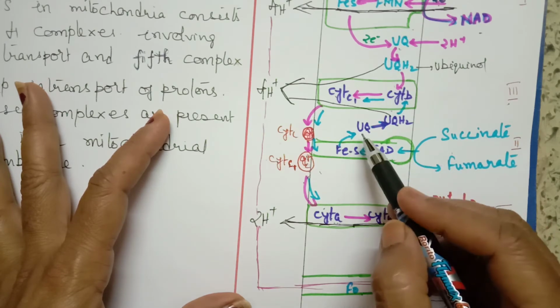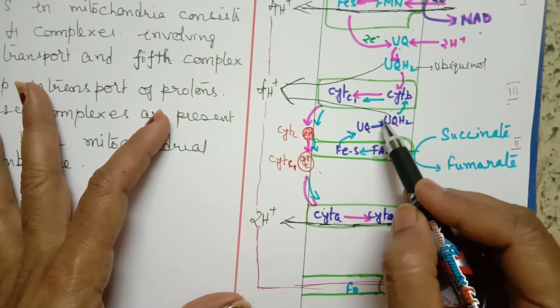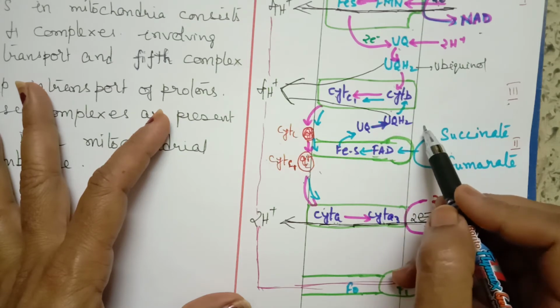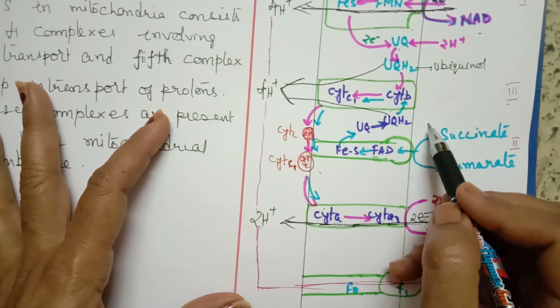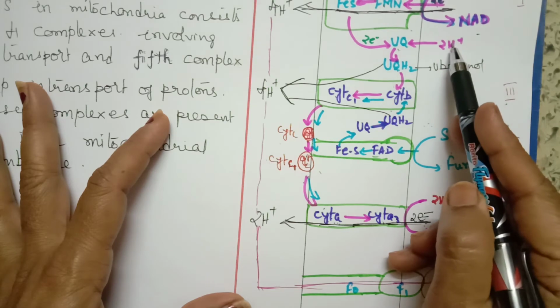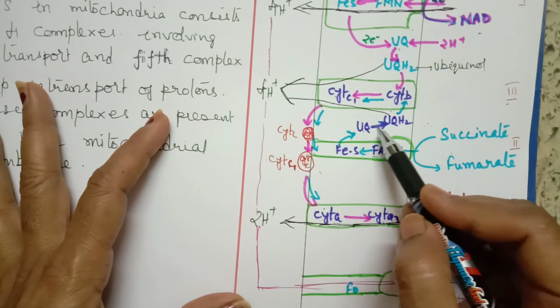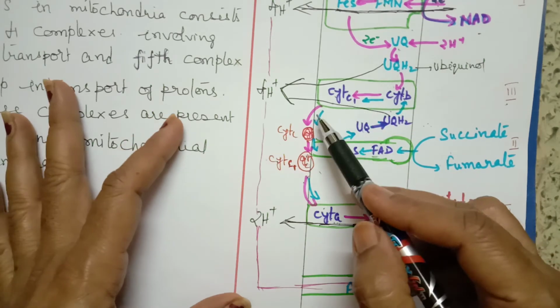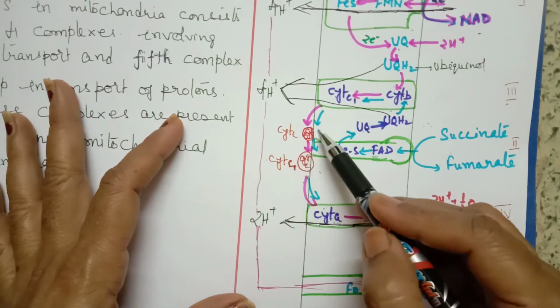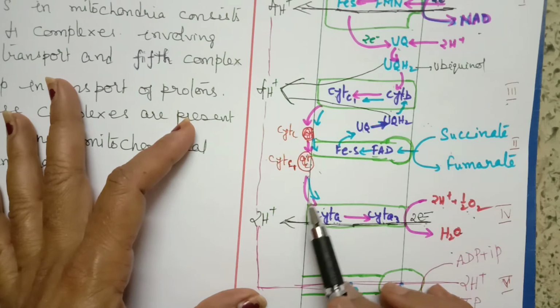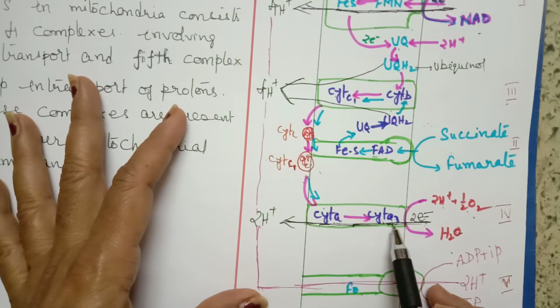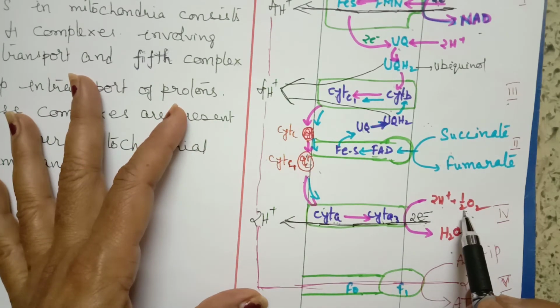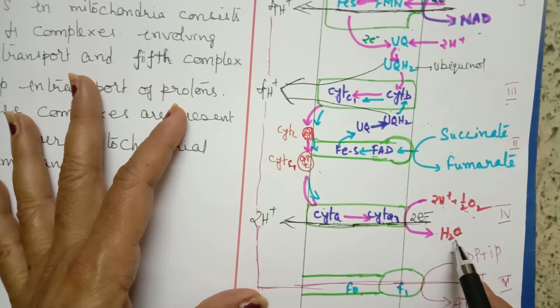FAD, FeS, ubiquinone, which gets reduced to UQH2 by accepting protons from the matrix, just like the previous one. And from ubiquinone to cytochrome B, cytochrome C1, and then cytochrome C, 2 molecules, the mobile carrier, and then to cytochrome A, A3, finally by oxygen, and then release of water.